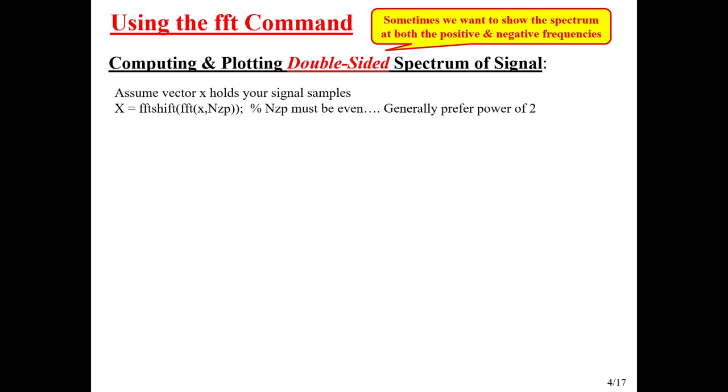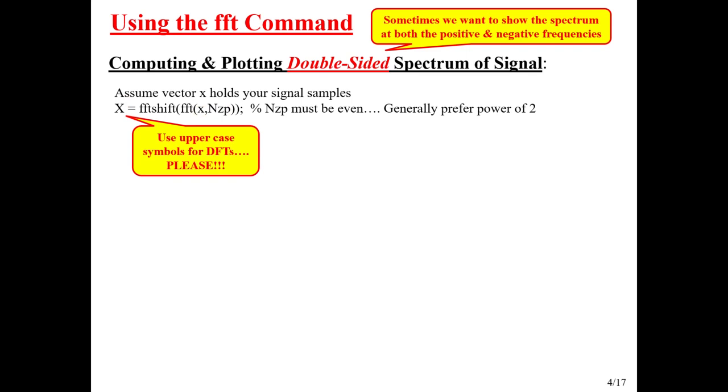But here's the catch. The number that we put in here must be bigger than the number of elements that are in X. Otherwise, it's not going to zero pad. So it zero pads out to the number of that NZP. And I think I'm just saying this first, and then the notes will tell you about the NZP things.